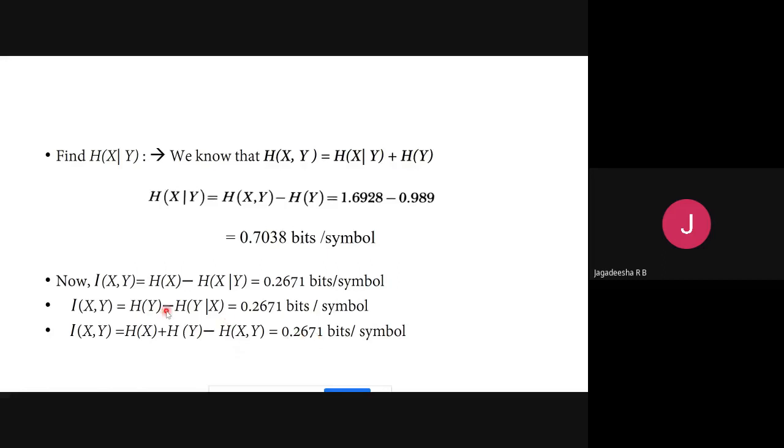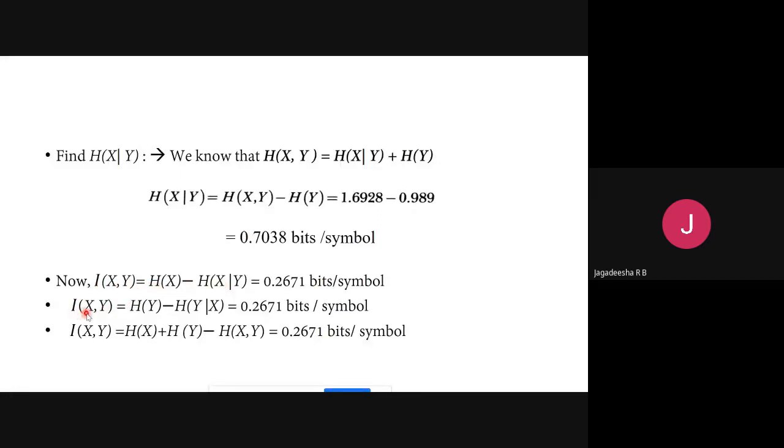So my first question here: the first equation here, the second equation here, what is the reason behind making these 2 equations equal? Because mutual information between X and Y is equal to this. That is the first equation.